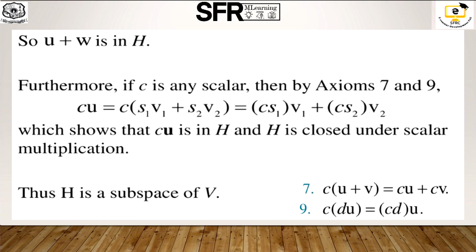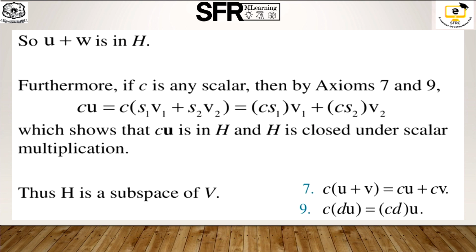Next slide. So, vector addition is satisfied. Then, by using axioms 7 and 9, that is c times u plus v is equal to cu plus cv, and c of du equal to cd of u, we use these two conditions for the scalar multiplication. Hence cu equals c times s1 v1 plus s2 v2.